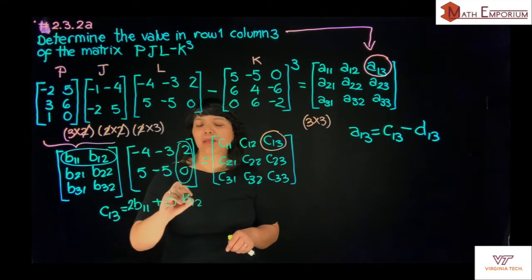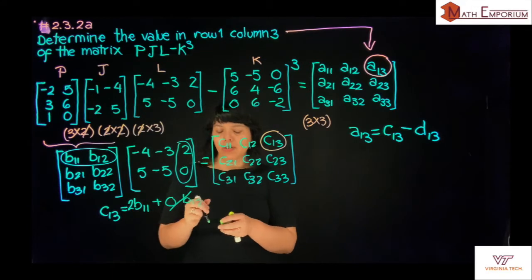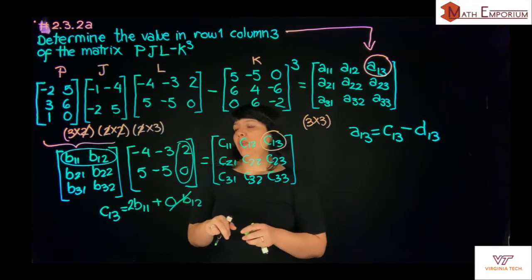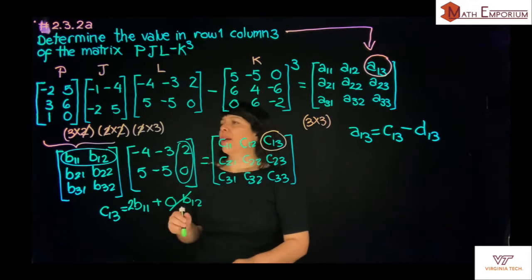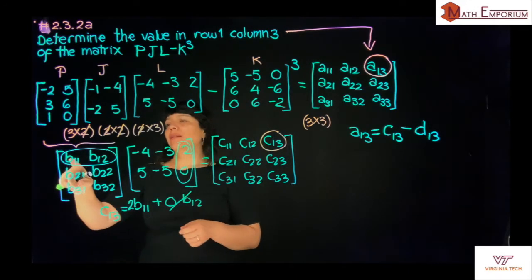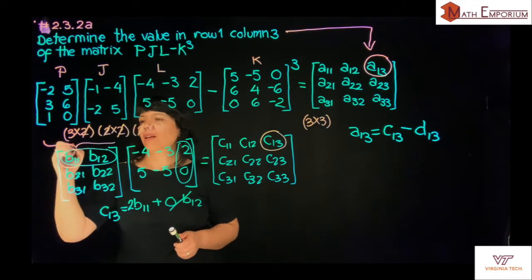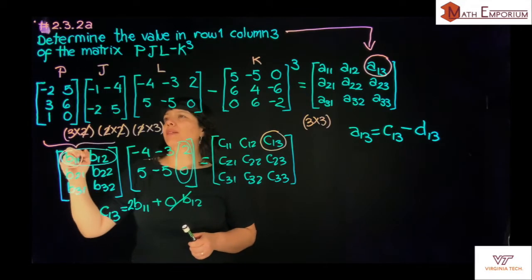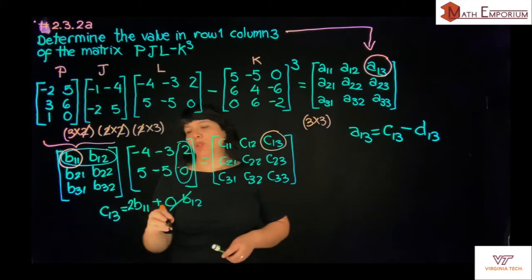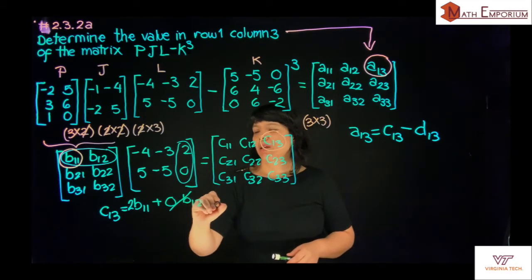And because it's 0, great, I don't need to compute this number. I just need to focus on computing B11. Okay, how do I do B11? Well, B11, this one right here, comes from the product of P and G, right? So let's do that computation. I can do that here.